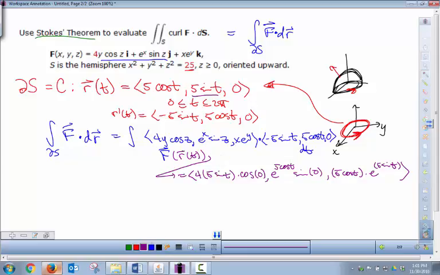Let's see if we can simplify it a little bit. This is just going to be equal to 1. This is going to be equal to 0, so that knocks out this whole term. And then this is going to be whatever that is. So this is 20 sine t, 0, and I'm just going to put star for this last one because I'm going to dot it with something that's going to be 0 in the z component. So that's eventually going to go away too.